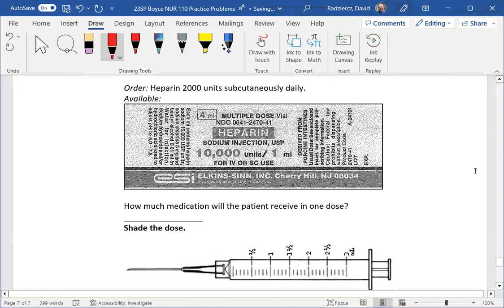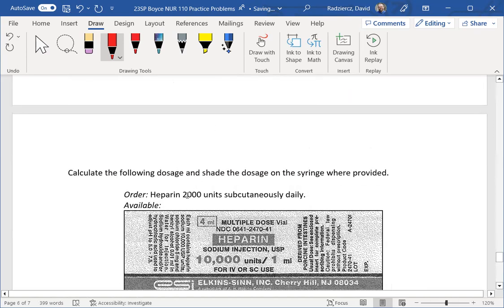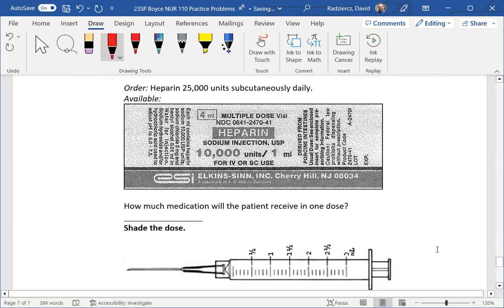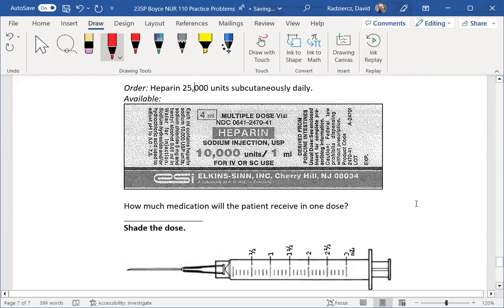All right. Oh, you know what? Actually, I'm going to change this to 5,000. That should work. 2,500. Oops. Give me one second.